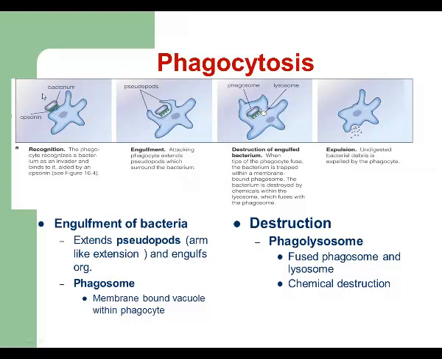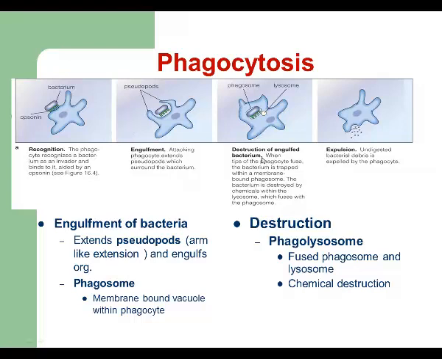The second stage, once attached to a bacterial cell, our phagocyte will extend its pseudopods and will engulf that pathogen. This step of phagocytosis is called engulfment.